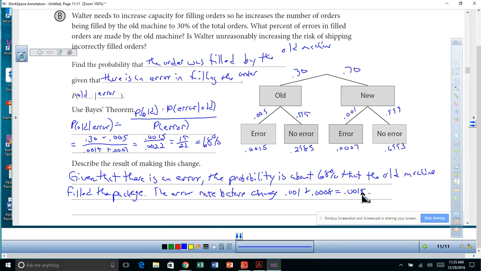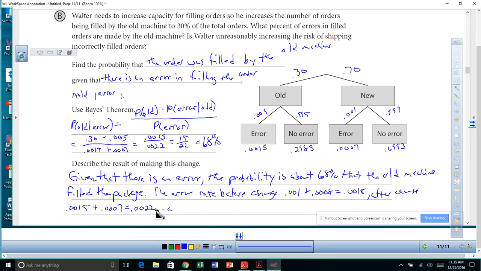Before the change, the error rate was 0.0018. And then after the change, the error rate is 0.0015 plus 0.0007, which is 0.0022.